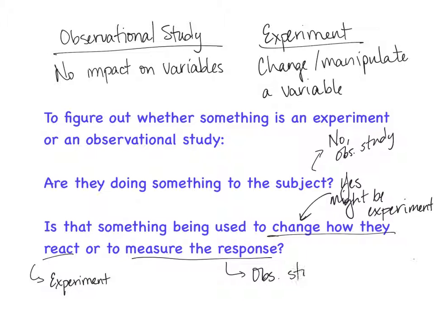So the difference there, say we're doing something on weight loss. If we are giving a group of subjects a diet pill, we are changing how they react. That's an experiment. If we are just weighing them, and we're measuring that response, that's just an observational study. So hopefully that clears it up, or at least doesn't make it worse.